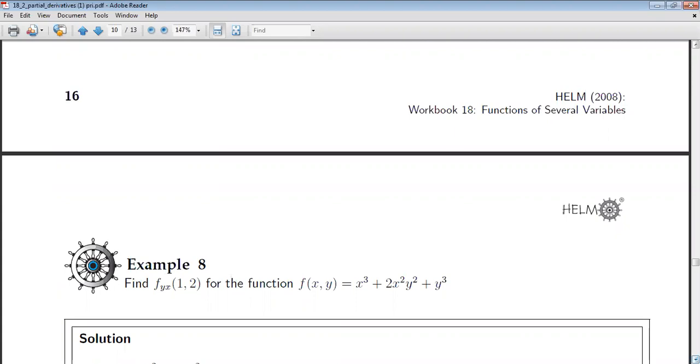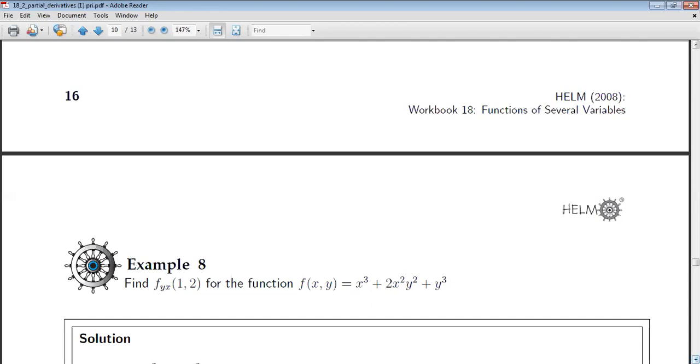f of xy is given as x cube plus 2x square y square plus y cube. Do it. We have to find del square f del x del y, which is symbolically written as f of y. For this, first find del f del y. What is del f del y? The first term is 0.